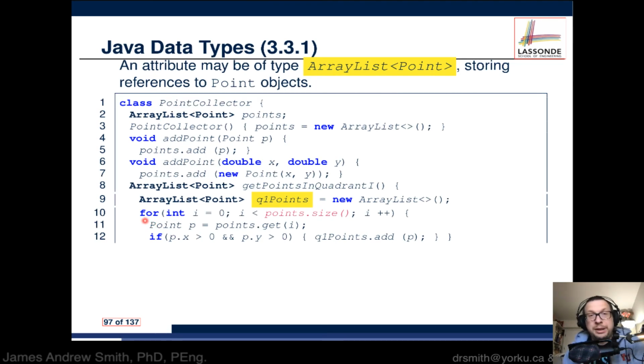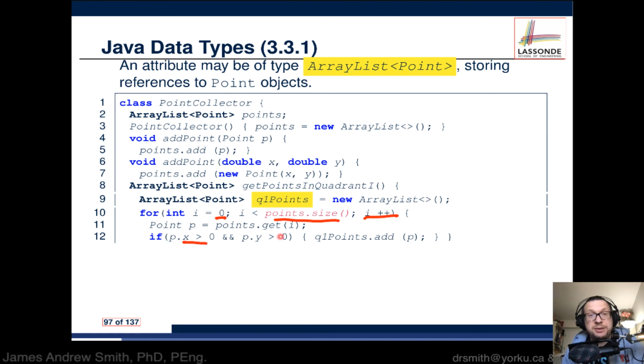Then we have a for loop inside of there, and we're going to iterate from 0 all the way up to the size of points, incrementing i++ each time. And we're going to call the get method inside of points every time we do that. Then we check to see what quadrant the point is.